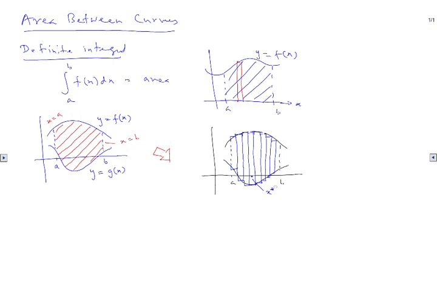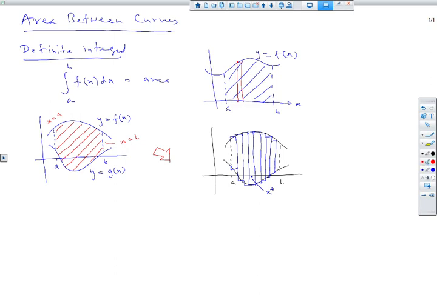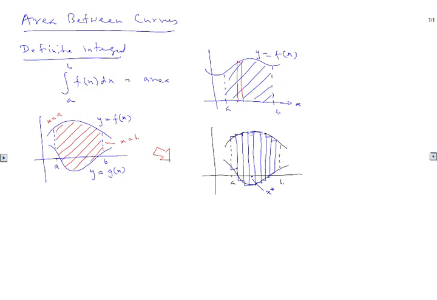Then the height. Be careful here: the height would be the difference in the y coordinates. For example, here the height would be this whole length. The top is the function y equals f(x), and the other is y equals g(x). So the height of the rectangle is the top minus the bottom: f(x star), the top function, minus g(x star), the bottom function.